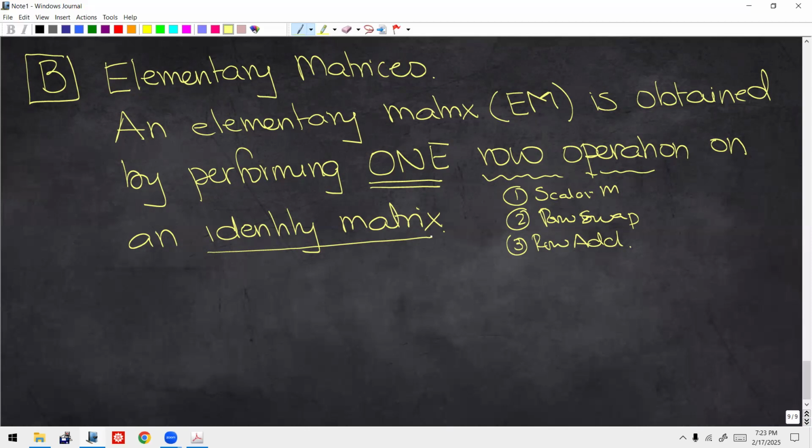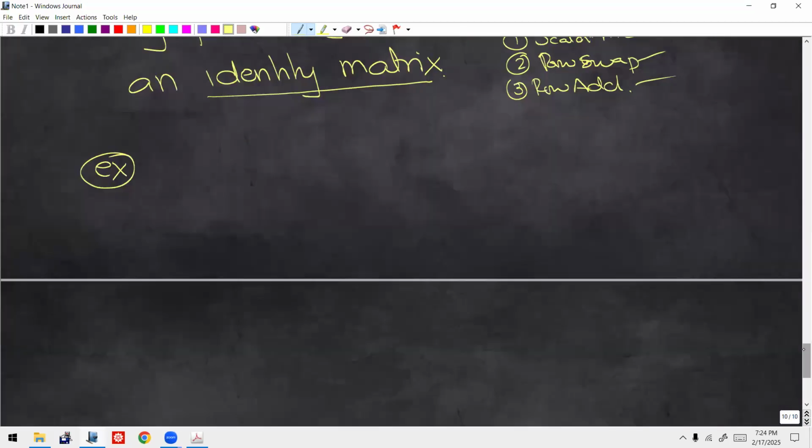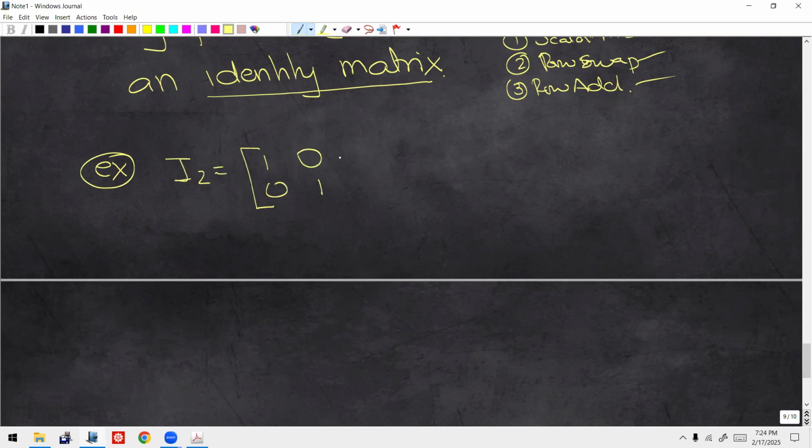All right, so here's one. I'll do an example of each of these. So let's start with this one. I'm going to start with an identity. I'm going to do it with a 2x2 matrix. You can do this with a 3x3, 4x4, 5x5. It doesn't matter. It's just easier to work with 2x2. So if I take the identity matrix I2, which is 1, 0, 0, 1, and I perform one single row operation, I'm going to start with scalar multiplication.